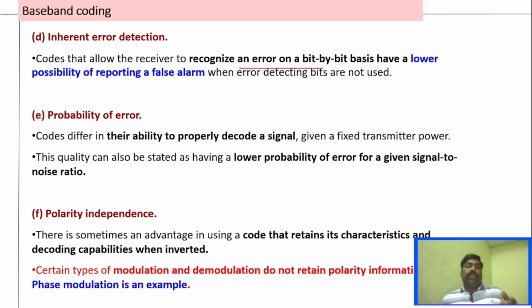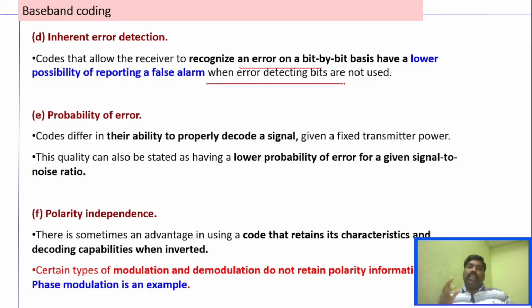Having a low possibility of reporting a false alarm when the error detecting bits are not used, right? That is, as I said before, the coding techniques must have their own error detection technique, bit by bit basis. It should detect the error, and by detecting the error, we are able to avoid false alarm conditions, right?